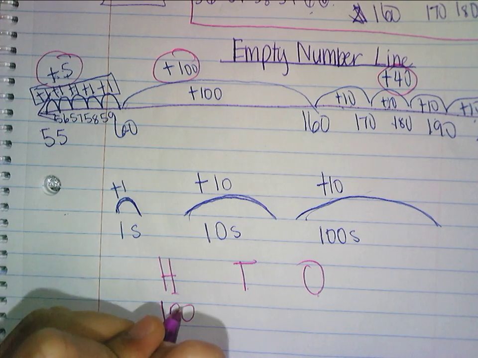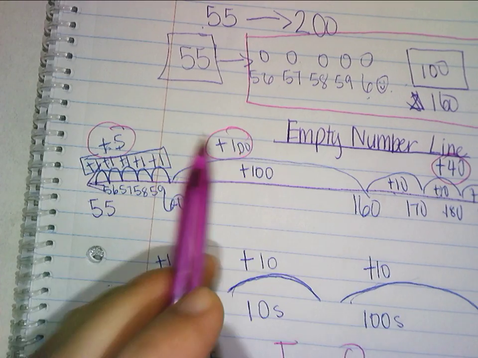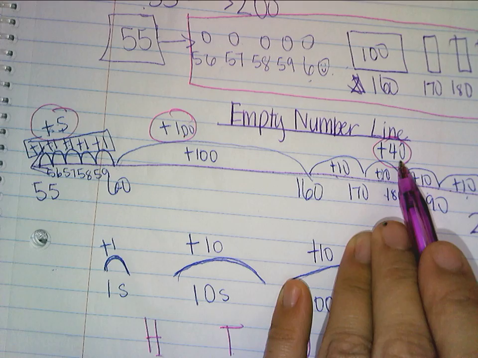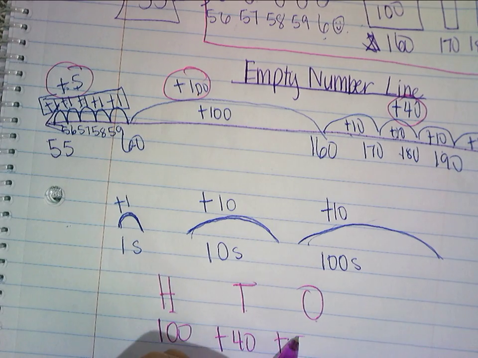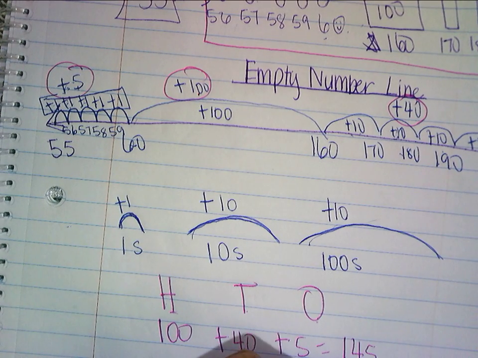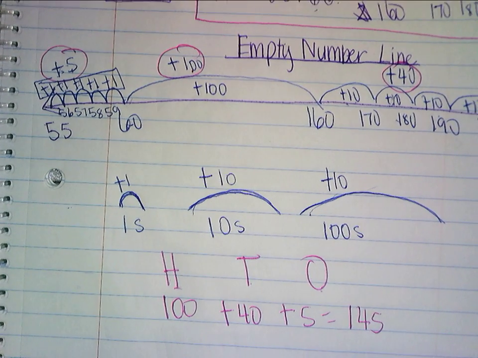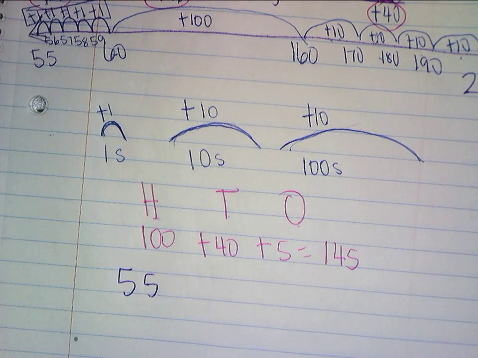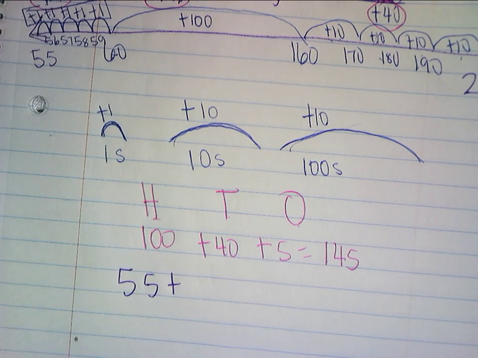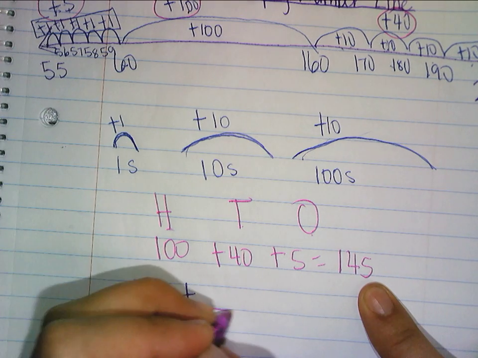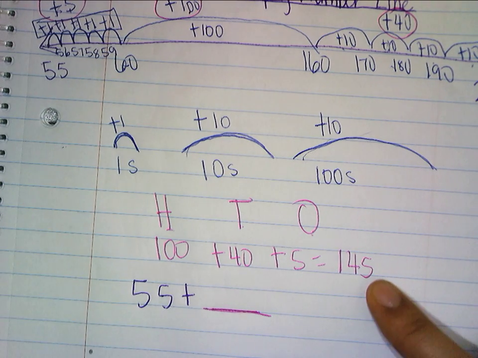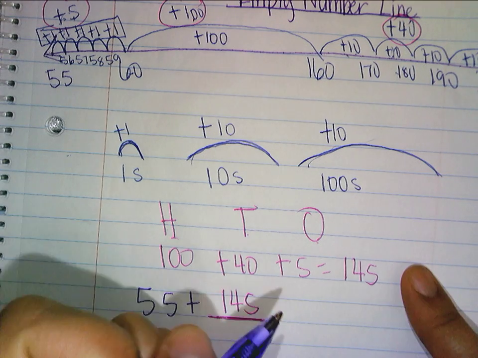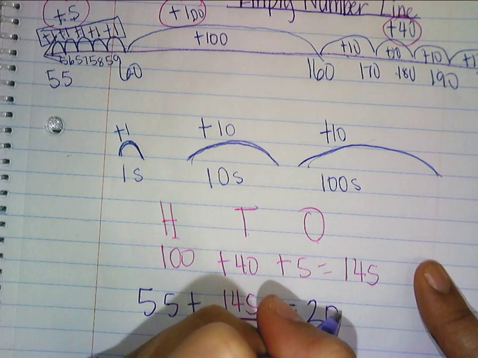So it's 100, plus 40, because it's 4 tens, plus 5, which equals 145. So now what this means is, if you started with 55, and then you added that missing part, which was 145, your answer is 200.